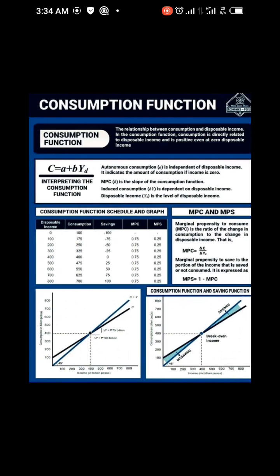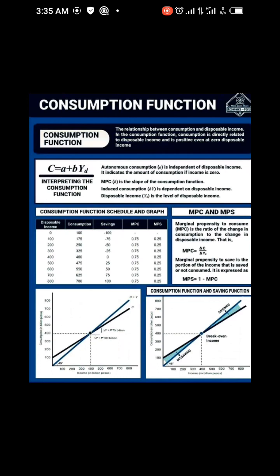And then here is a consumption function schedule and graph. The consumption schedule is telling us the relationship between disposable income, consumption, savings, MPC and MPS in figures, just like a tabular representation.